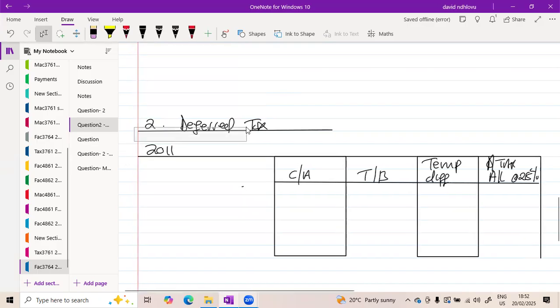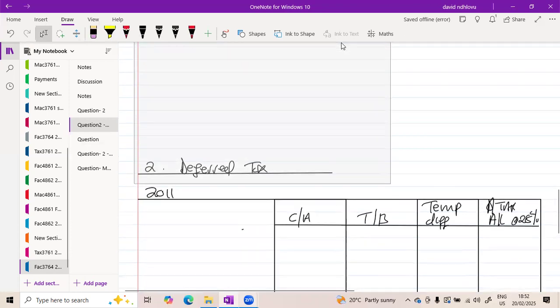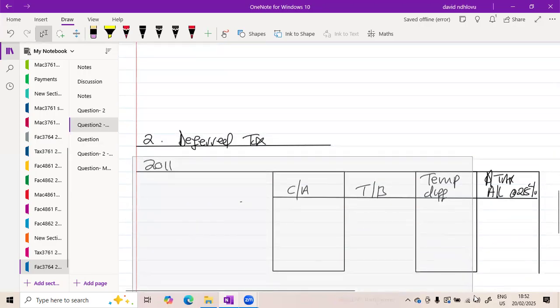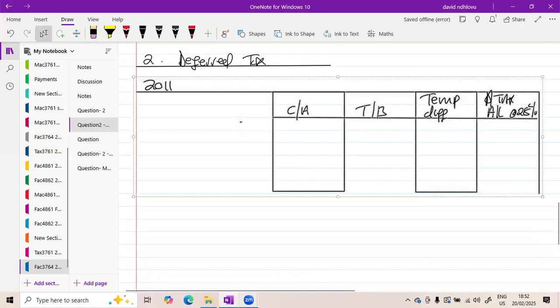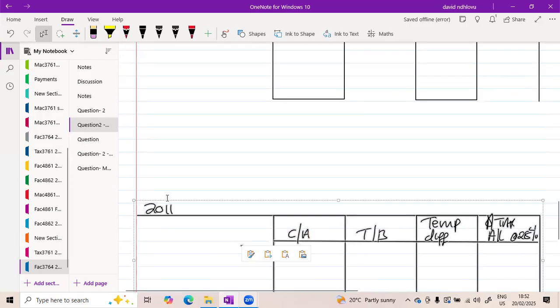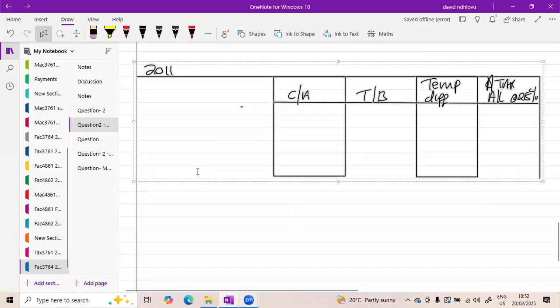So once we have that, then we can also present the current year, which is 2012. So you need to have both years. Remember, sometimes they give you the prior year. The last question that we did, there was that kind of scenario. You don't have to really compile the prior year because everything is there in the question itself.